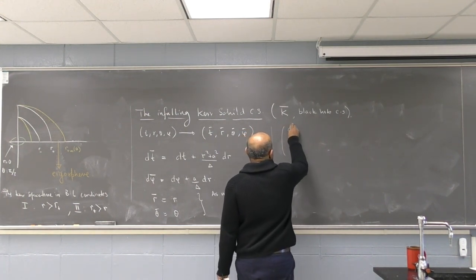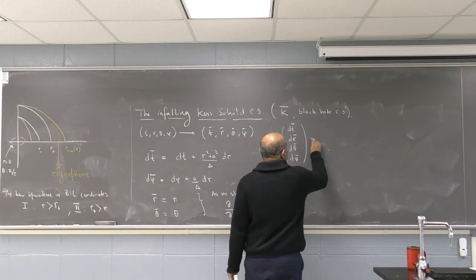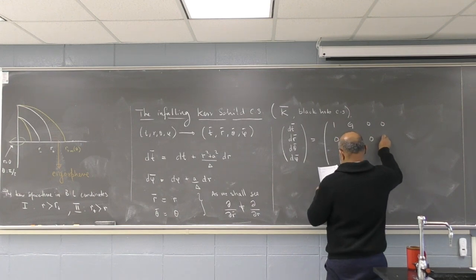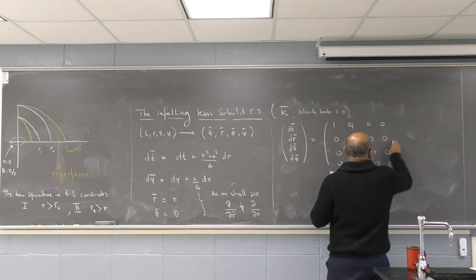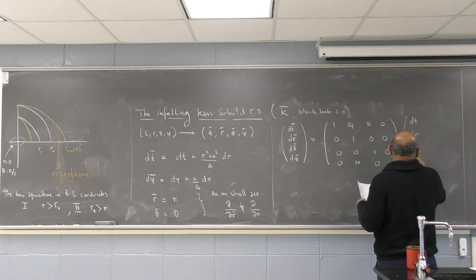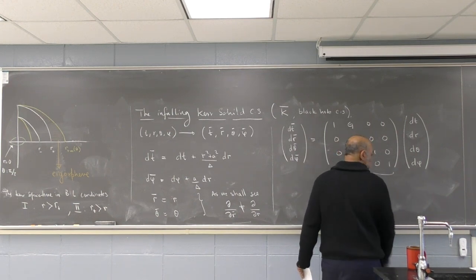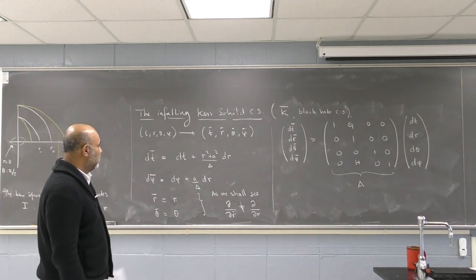So here it is: dt-bar, dr-bar, dtheta-bar, dphi-bar equal to, let me write this as a matrix, and I think O'Neill may have used the same symbols, so it'll be easy for you to refer to, times dt, dr, dtheta, dphi, and I'm going to call this matrix A. Well, this is obviously how one-forms transform.